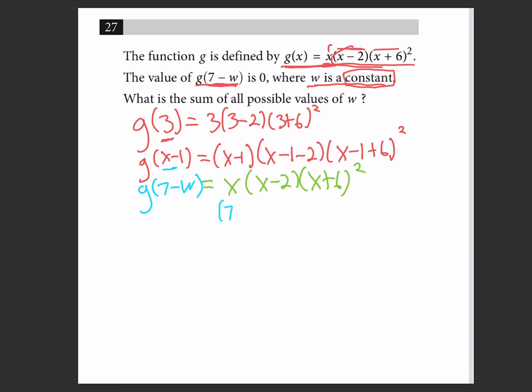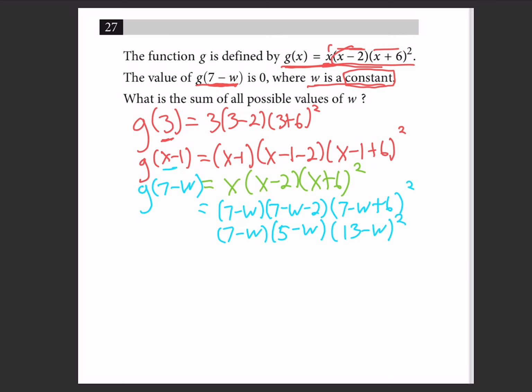So I've got 7 take away w, 7 take away w, take away 2, 7 take away w plus 6, and that has to be squared. Okay, so what this is going to simplify to is 7 minus w. This is 7 minus w minus 2, so this is 5 minus w. And then this one is 7 and a 6, so this one is 13 take away w squared.